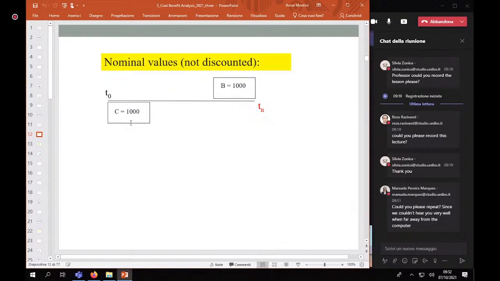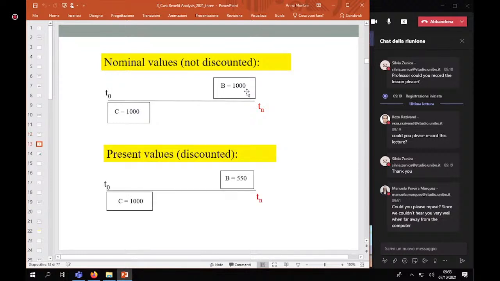If the cost is in year 0 and the benefit is in year 3 or 5 from the present, I have to consider that with the lens of today, the present value of a benefit equal to 1,000 is smaller with respect to the nominal value. Look at the second slide.